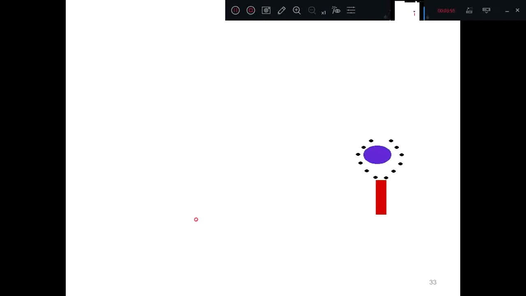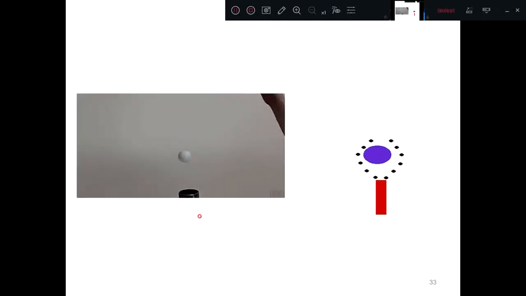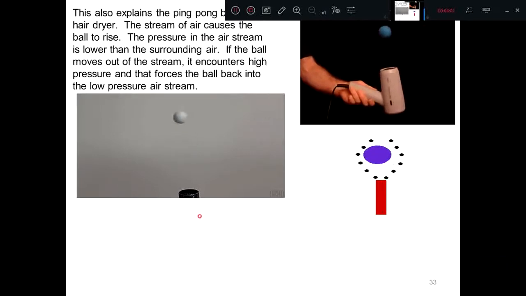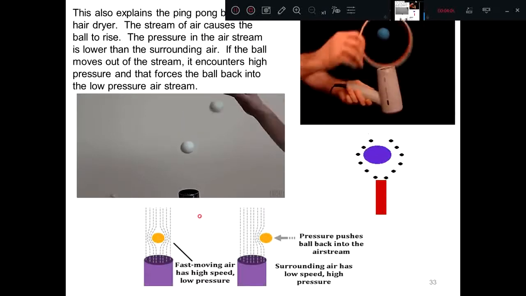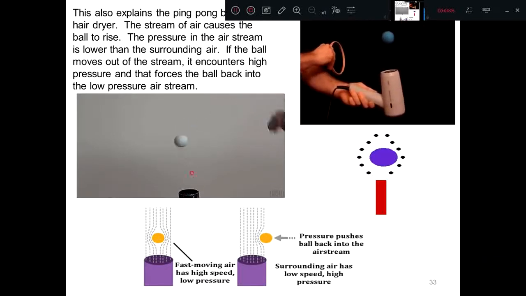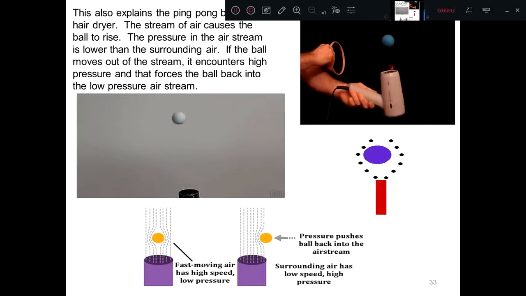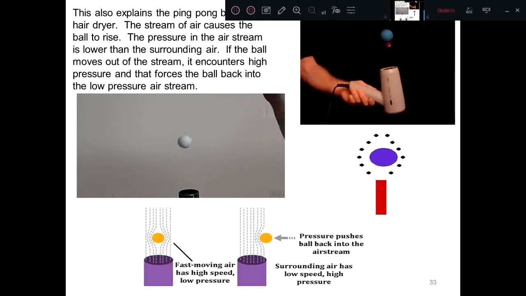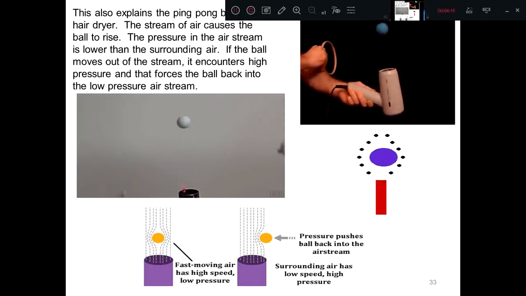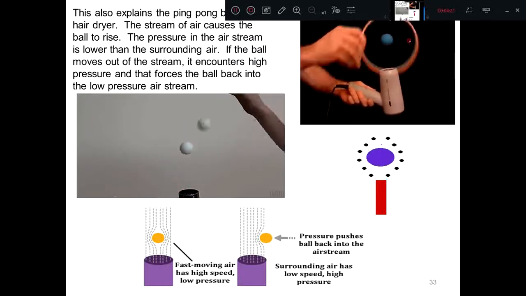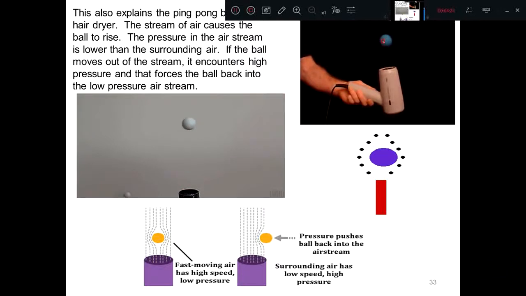Look at this one also. Just look here, over a hair dryer a ping pong ball is placed, in this picture too. But this ball is not falling down, it is staying there itself.